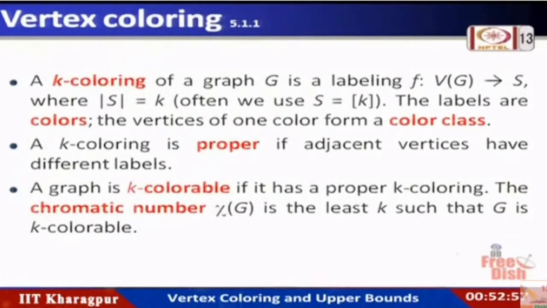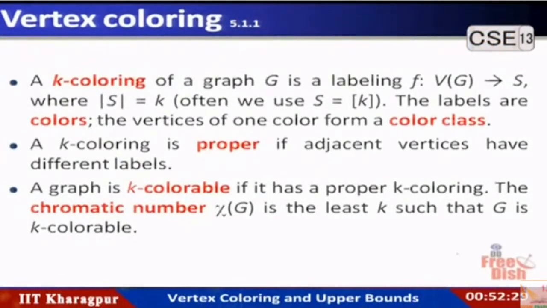Vertex coloring. K coloring of a graph G is a labeling function f which maps vertices of G to S, where S is basically a set of K different values. These are called labels, or these labels are the colors.